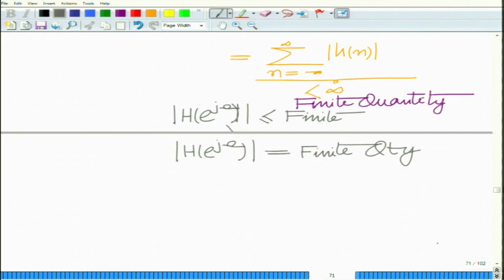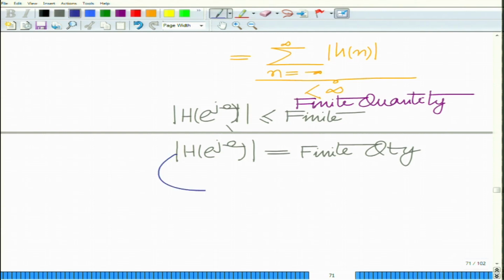Which means that this has to converge for every z equal to e^{jω}, and it has to be a finite quantity. Therefore, z equals e^{jω} for every ω is in the region of convergence, which means the unit circle must be in the ROC for a BIBO stable LTI system.